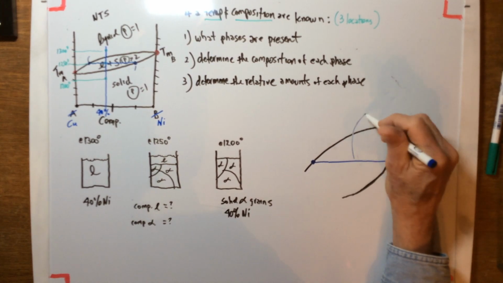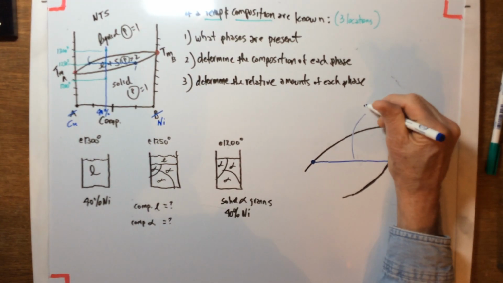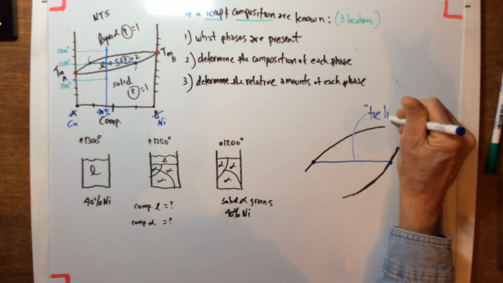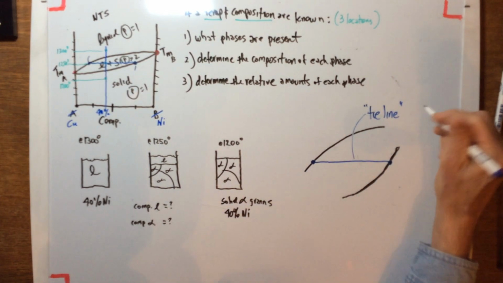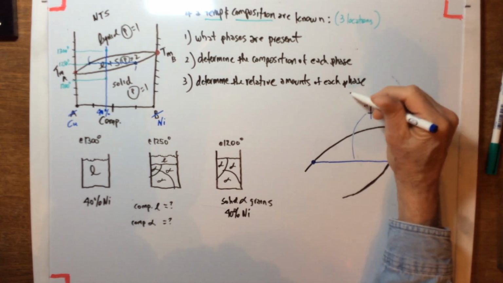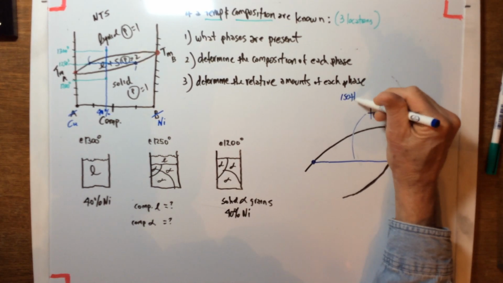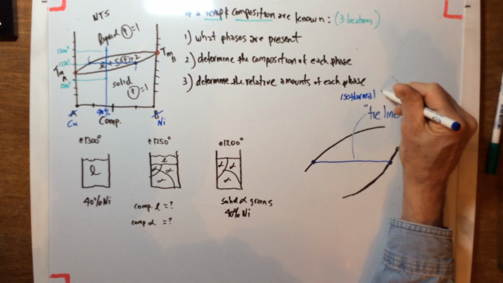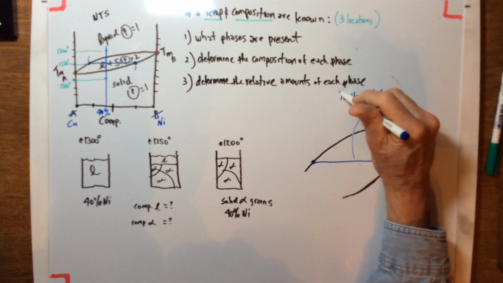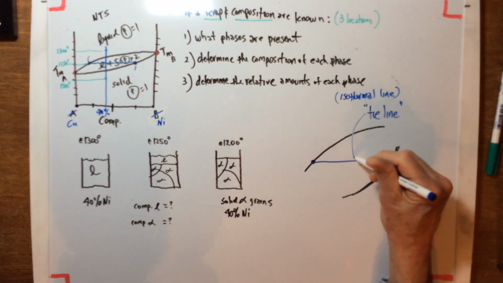And this line is referred to as the tie line. It's called the tie line. It's an isothermal line, a constant temperature line, but it's referred to as the tie line.